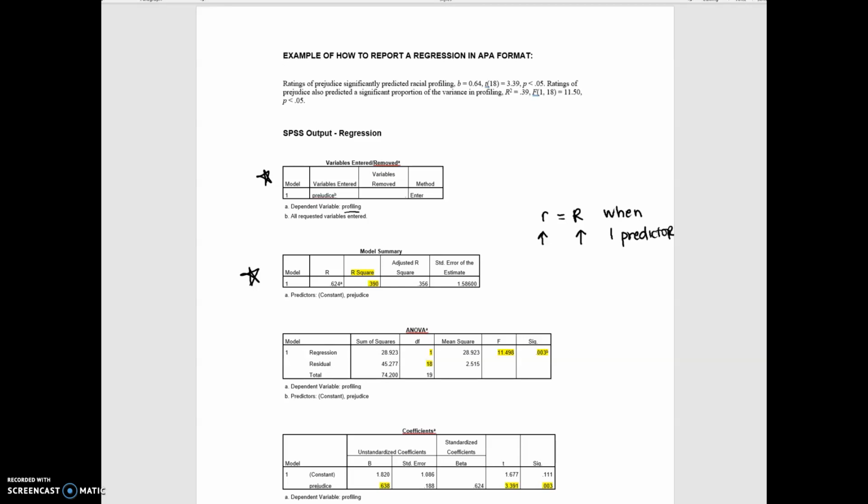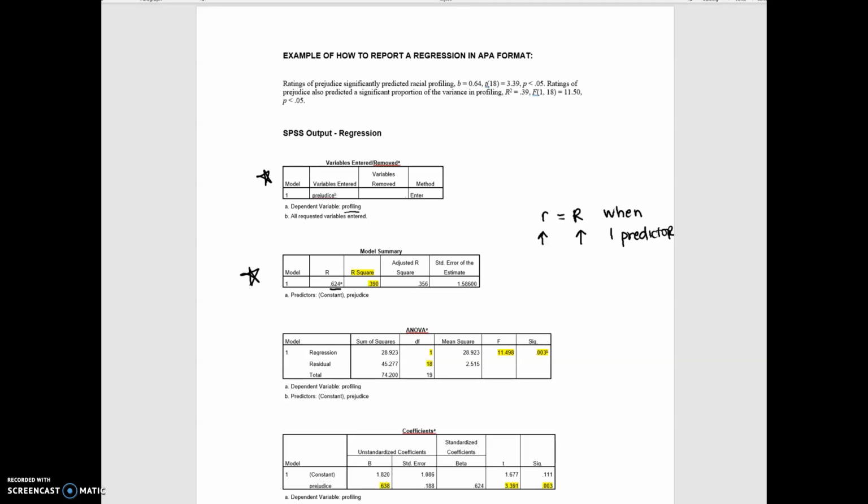That's important to know as well. If you were to calculate the correlation between the two, you would get 0.624. Now it's a little bit different as you continue to add predictors, but with one predictor, this is the simplest form of a linear regression.